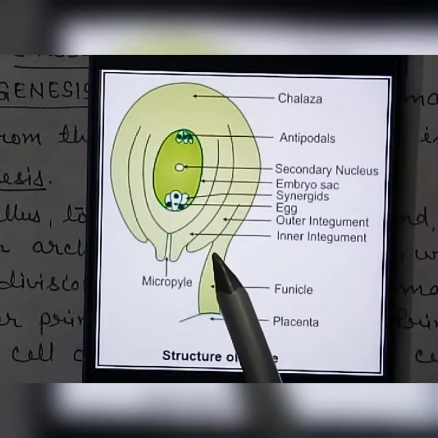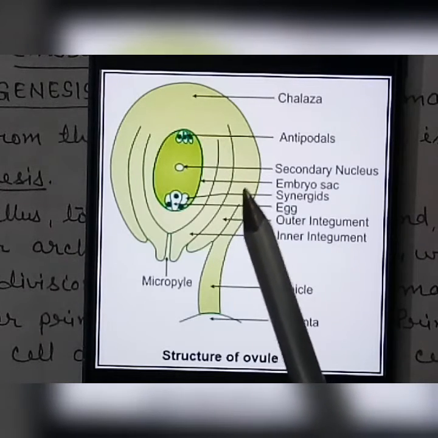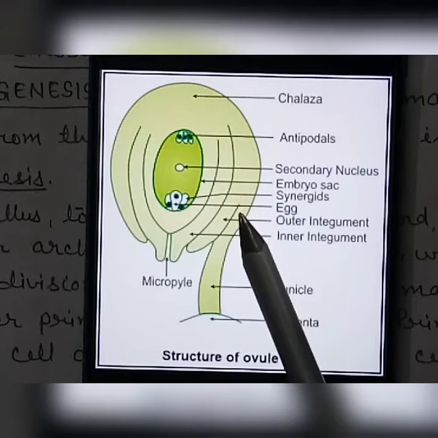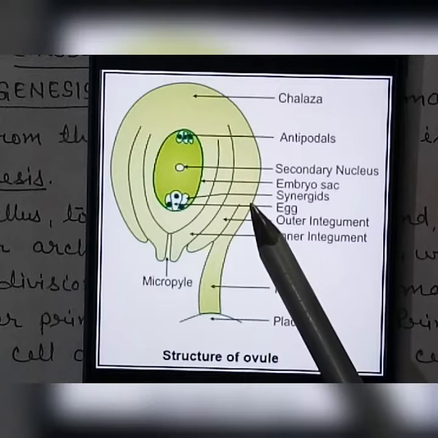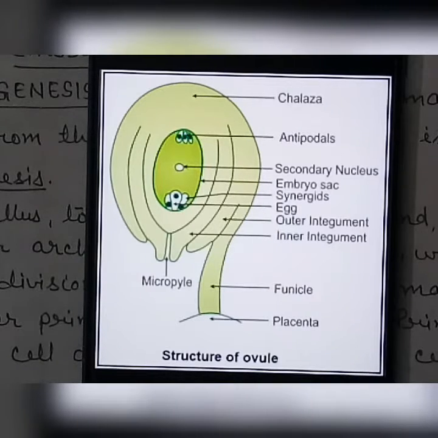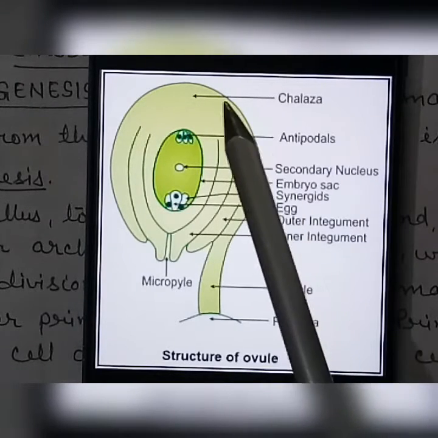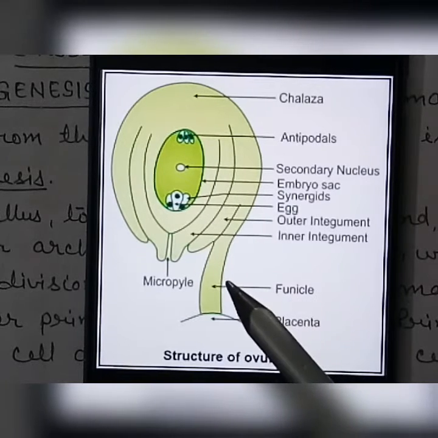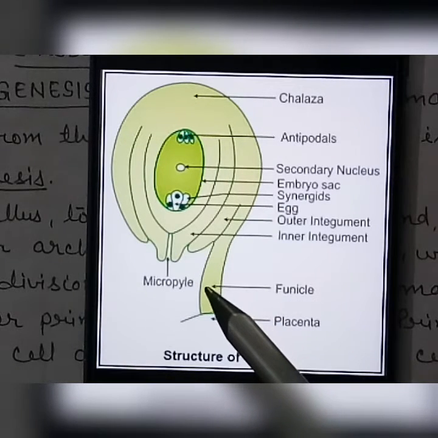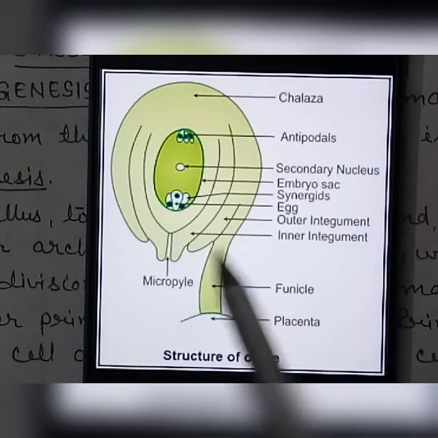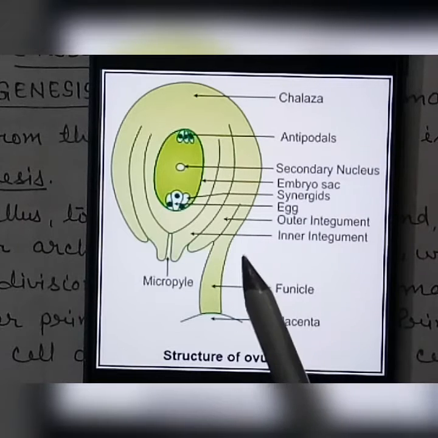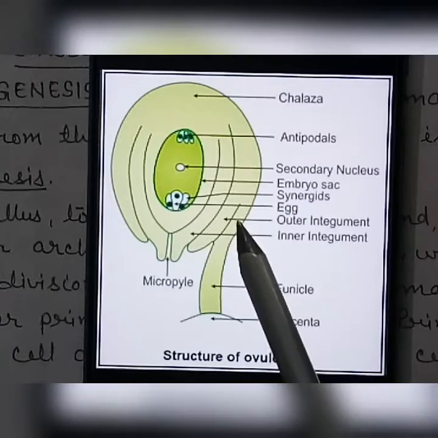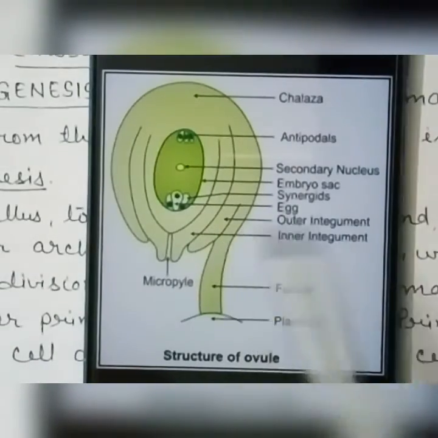At the tip of the funicle is attached the main body of the ovule, the anatropous ovule, which is covered by epidermal tissue around the ovule. The junction between the ovule and the funicle is called the hilum.